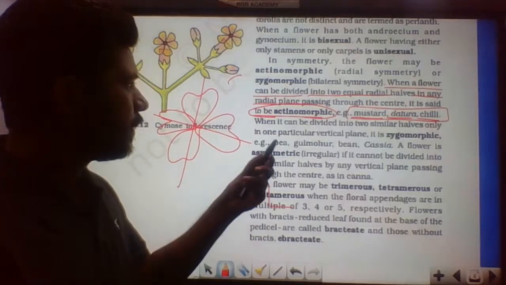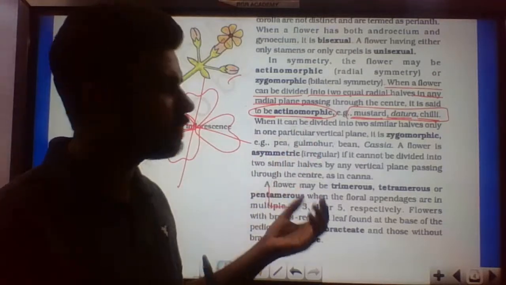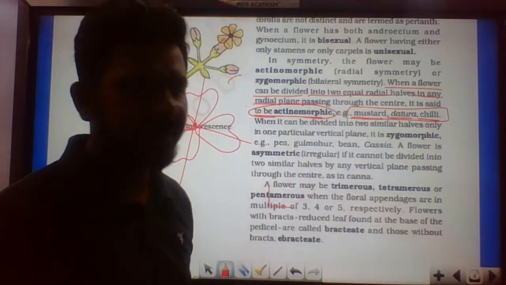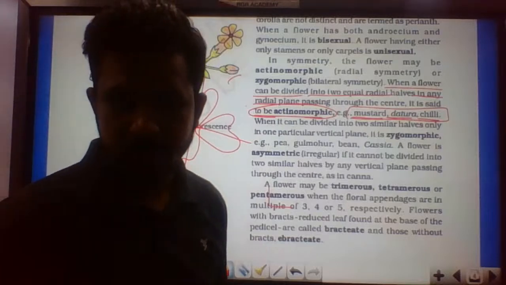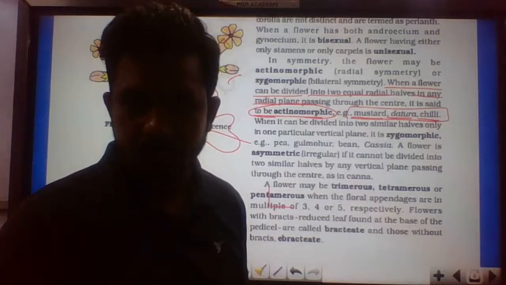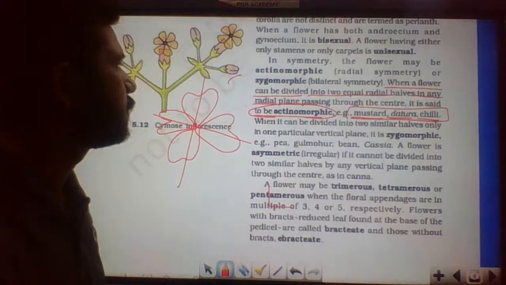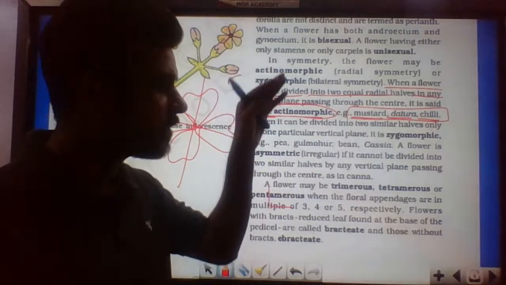Okay, so the actinomorphic flowers. So don't stay on that, you just come to this topic. Okay. Good. So the symmetry, we are discussing symmetry.